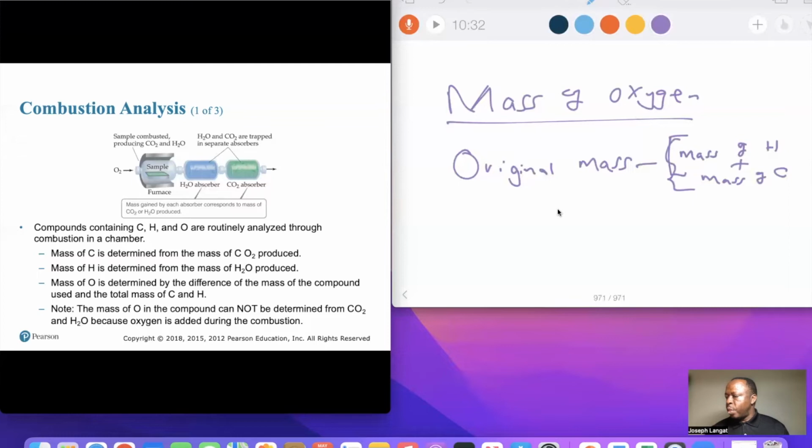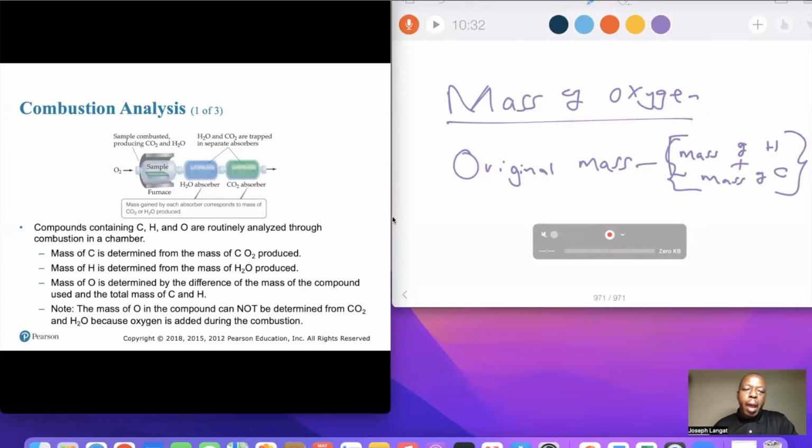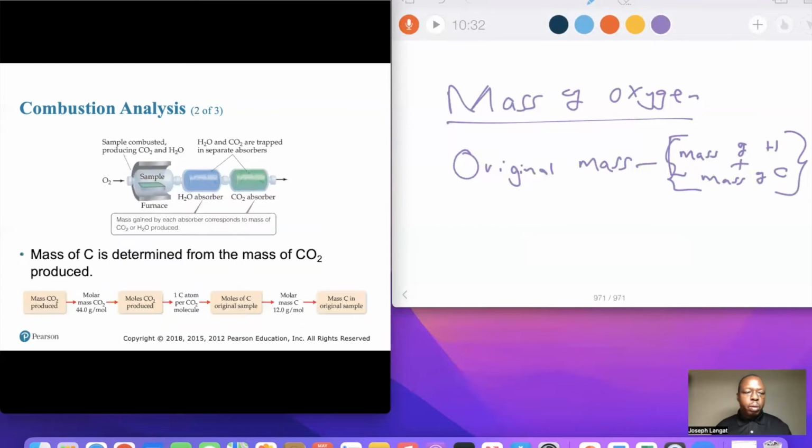This will give you the mass of oxygen. And then from there, you change to what? You change to moles of each element using the atomic mass from the periodic table. You divide by the smallest number of moles, just the way we did before, to find the empirical formula.